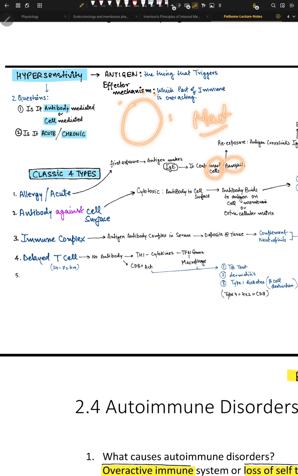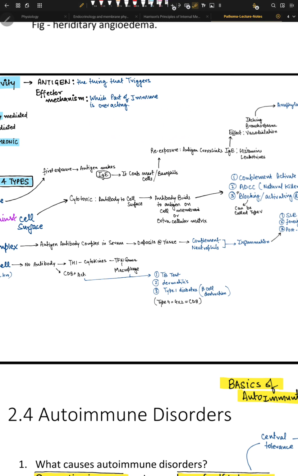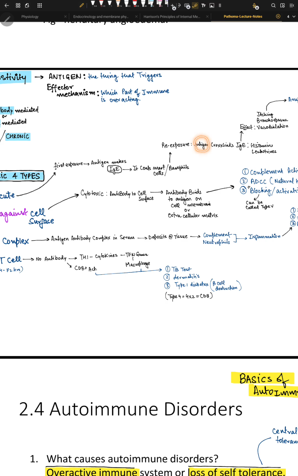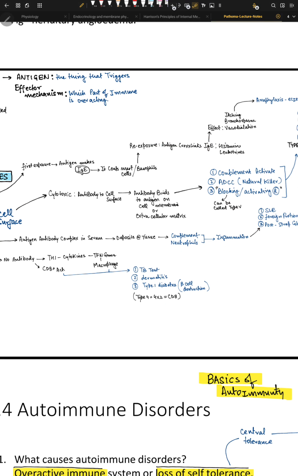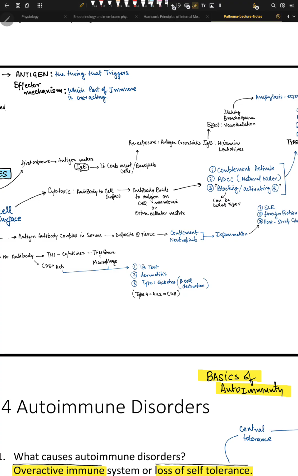These mast cells and basophils do antigen cross-linking. For example, this is a mast cell, and these are its hands. It will go to this antigen and cross-link the IgE with each other, and this cross-linking causes a histamine and leukotrienes shower.